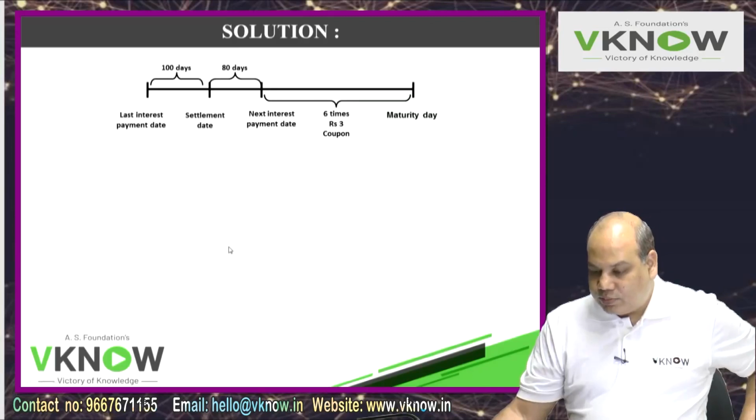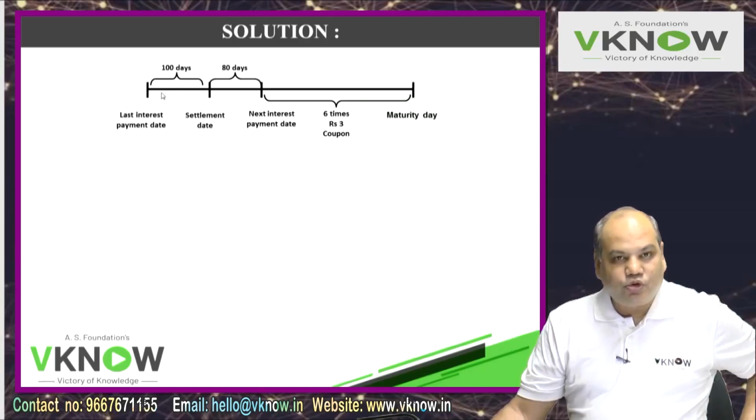So to understand better, let us draw this diagram. In this problem, you see, actual dates are not mentioned. They have not mentioned year, month, date. Only they are giving you 80 days are left before the next coupon payment date. So write down, this is the last interest payment date.